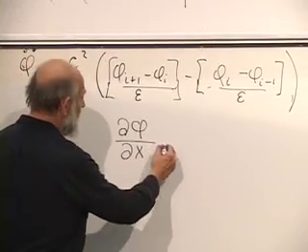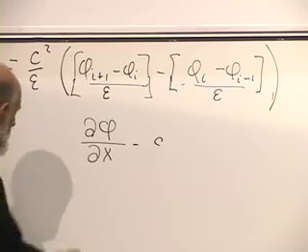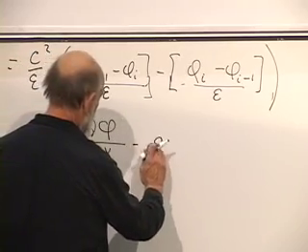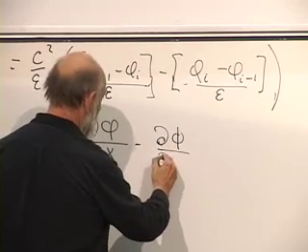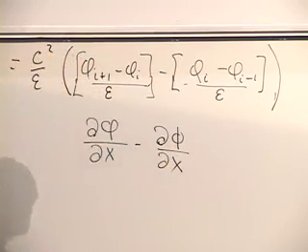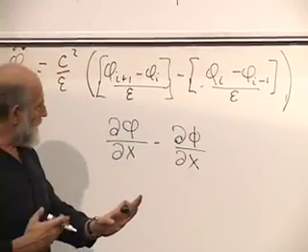That's minus the derivative of phi with respect to x, but not at the same point, at a point which is shifted one less.